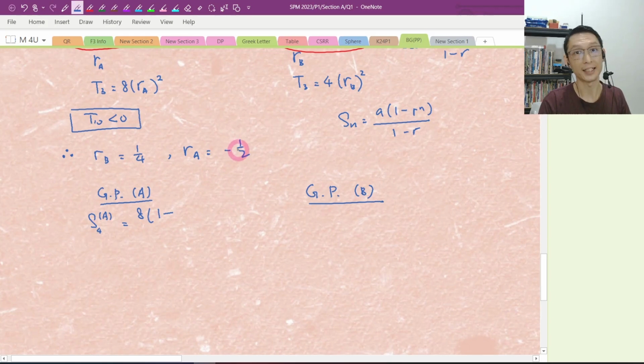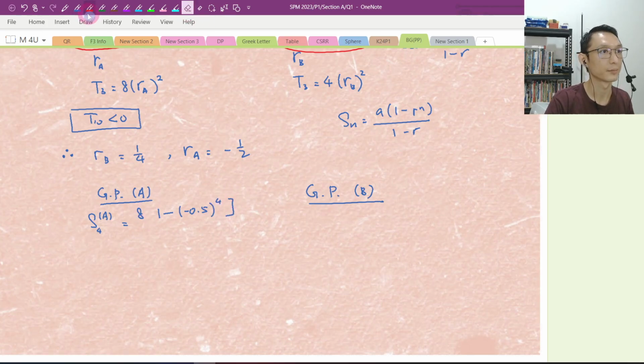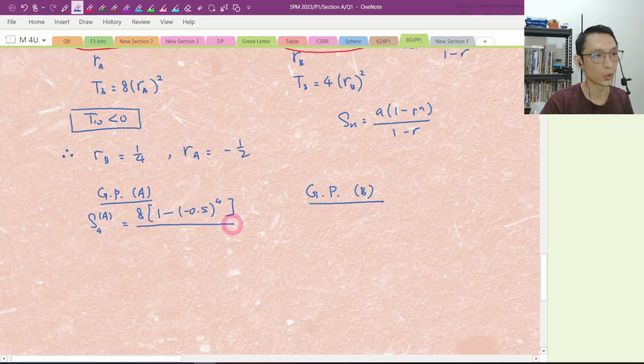So r is negative 1 over 2, which means negative 0.5, negative 0.5 to the power 4, over 1 minus r, so negative 0.5. Just press your calculator. So here you will get 5.